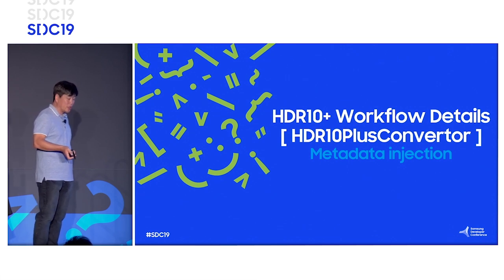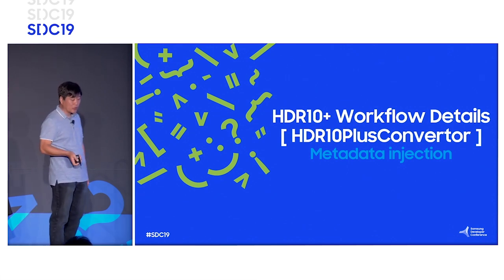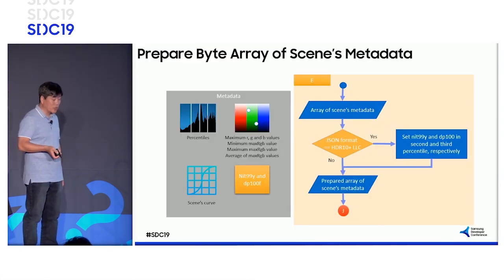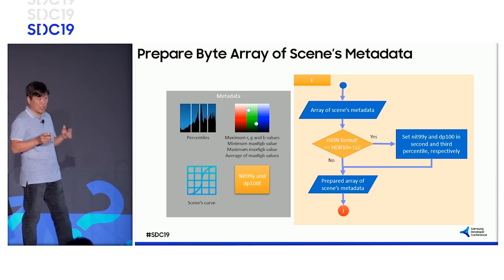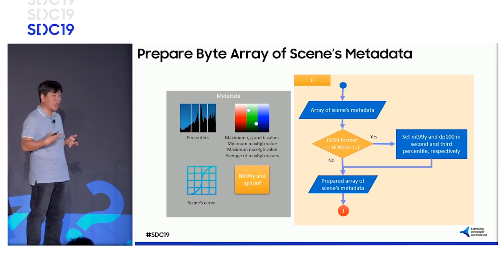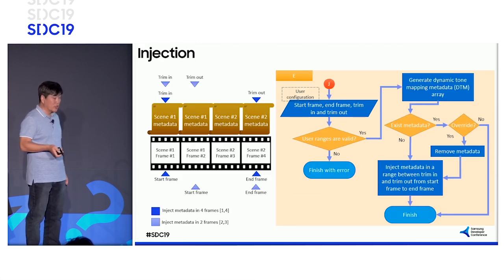So, jumping to the next topic, how you can inject this metadata into the stream. Once you have this metadata, you don't need to touch the video itself, which was already generated through the HDR10 workflow process. You can keep exactly the same process and just add the HDR10 plus metadata.